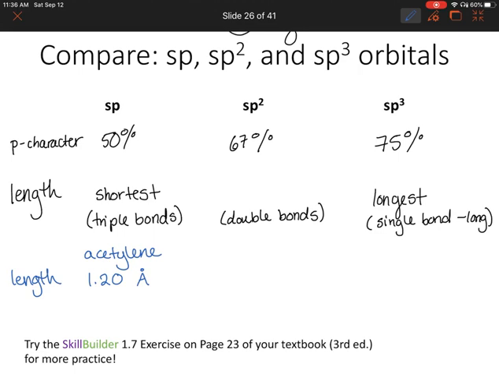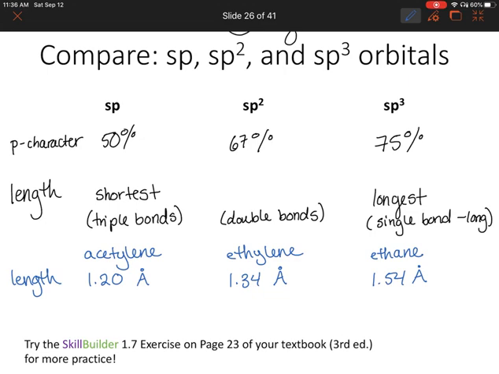It's a really small unit, but it's related to meters. And then ethylene, which had a double bond, has a bond length of 1.34 angstroms. And then ethane, which has single bonds, has a bond length of 1.54 angstroms. So you can see that triple bonds are the shortest bonds and single bonds are the longest bonds.